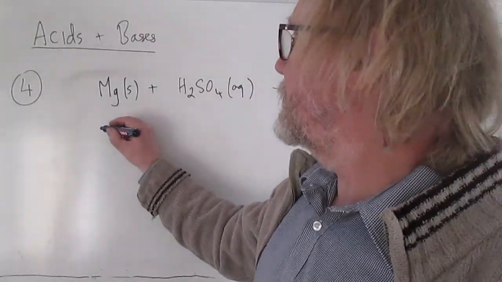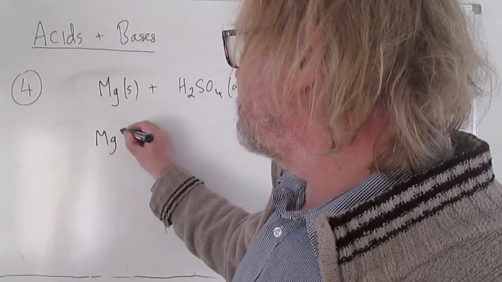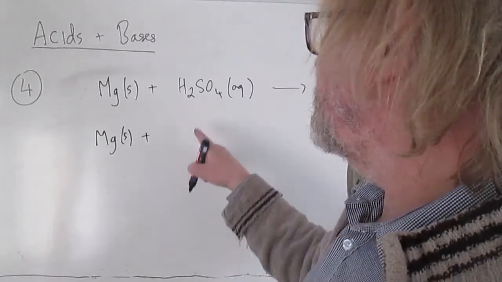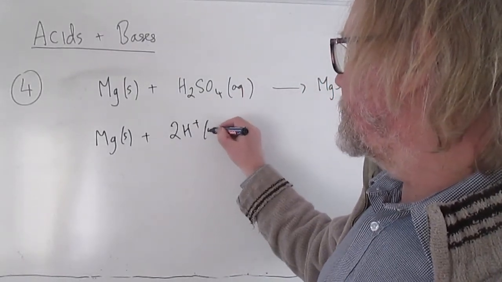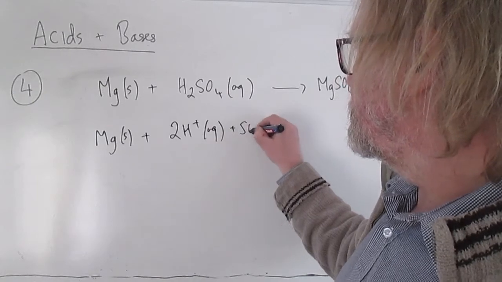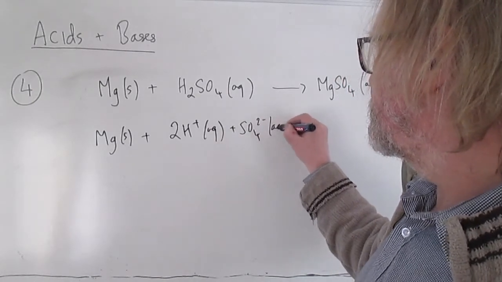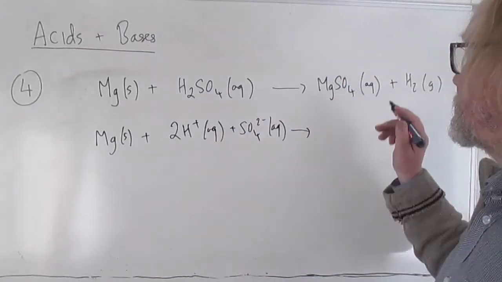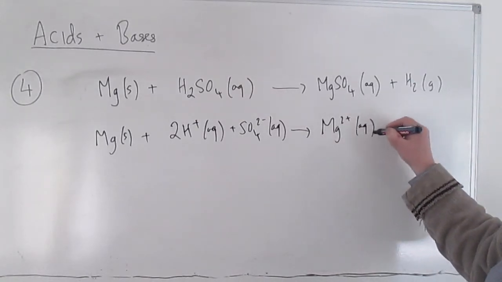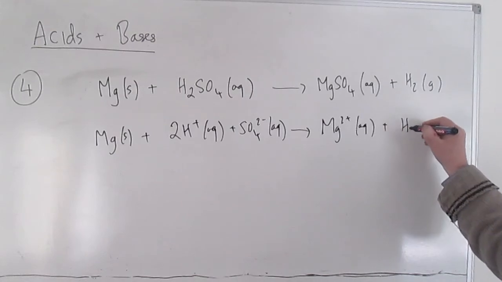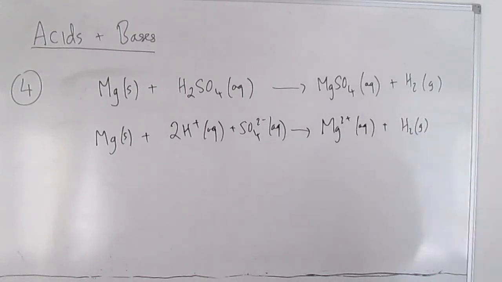First we should do the ionic equation. So magnesium is just magnesium, but here the acid is, as we know, broken up into ions. So we've got this. The salt is also aqueous, so it too is broken up into ions. But the hydrogen is just a molecule in the gas phase, so it's just H2.